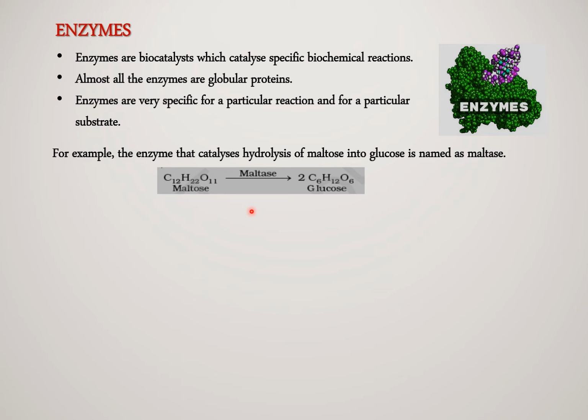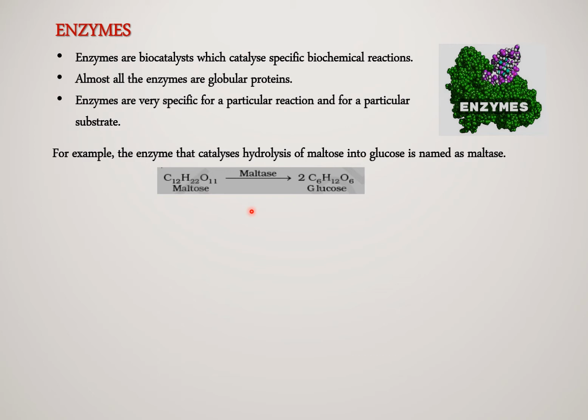Similarly, we have heard about sucrose getting hydrolyzed to give glucose and fructose. If you use the enzyme sucrase, then the energy of activation required is just 2.1 kilojoule per mole.